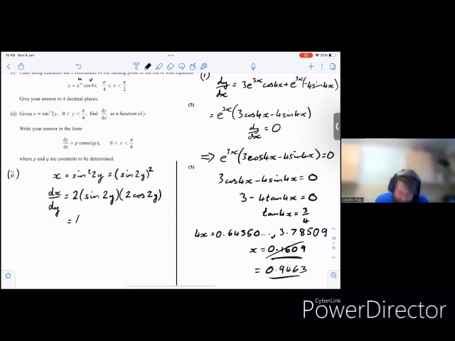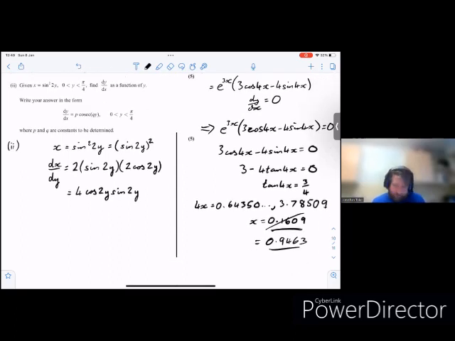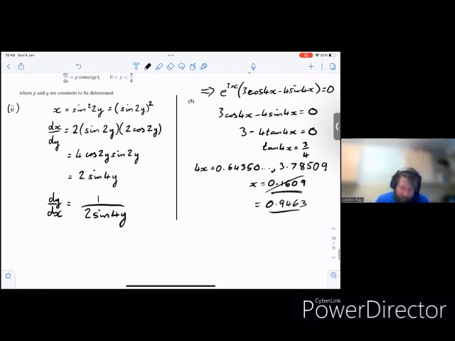We get 4 cos 2y sine 2y. That is of the form 2 sine theta cos theta. So we can rewrite that as 2 sine 4y. So dy by dx is 1 over 2 sine 4y, which is a half cosec 4y.